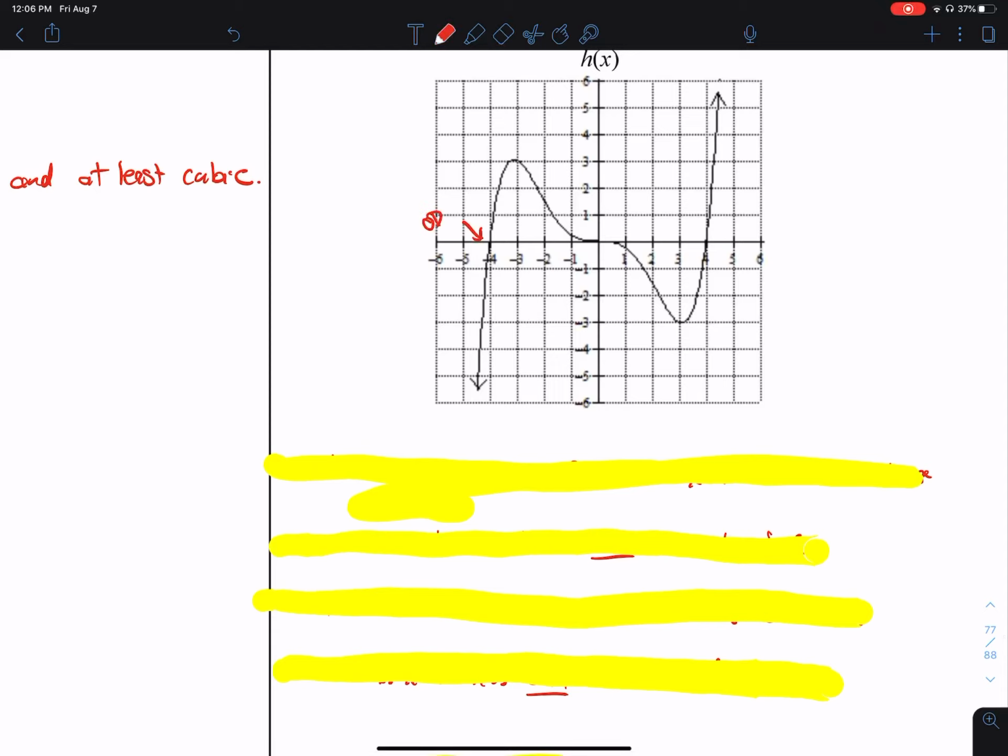this is odd, degree 1. This is odd, degree 1. Once again, we know they're odd because it's crossing the x-axis. Here at 0, it's crossing the x-axis and the concavity is changing. So this is odd, and the degree is at least 3.